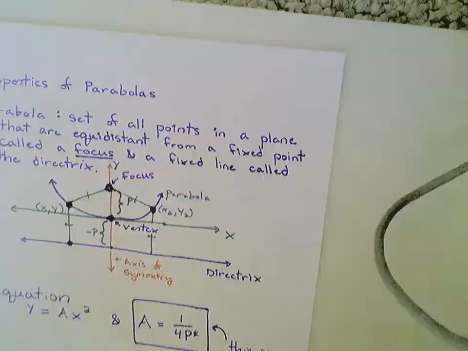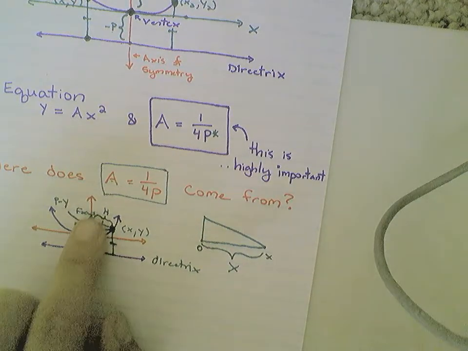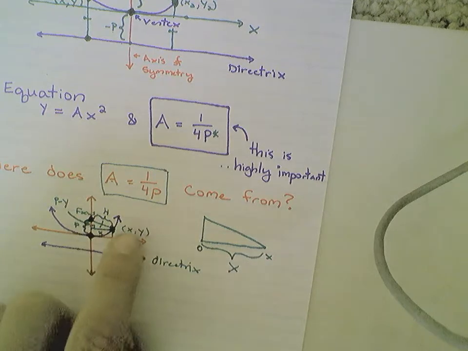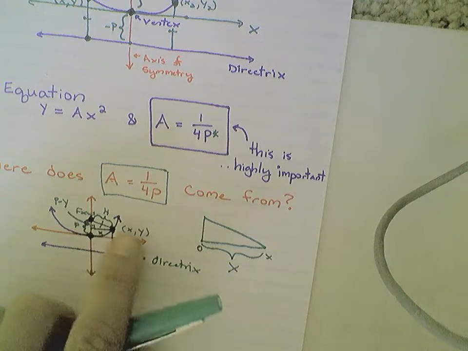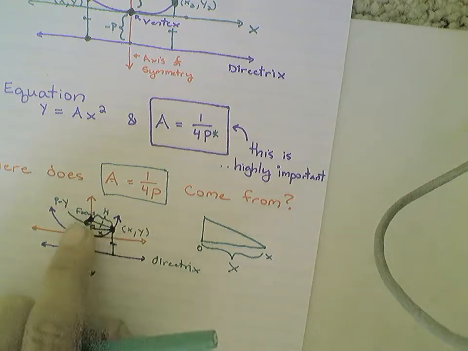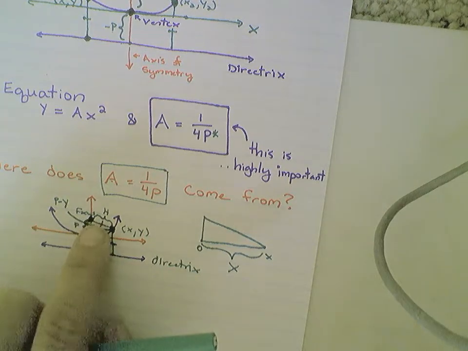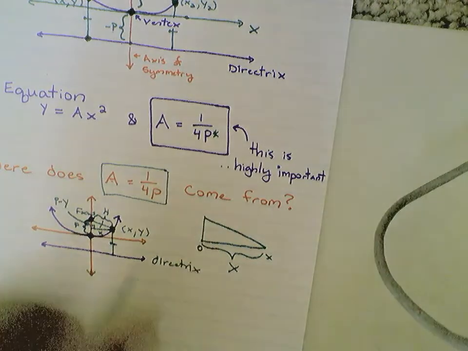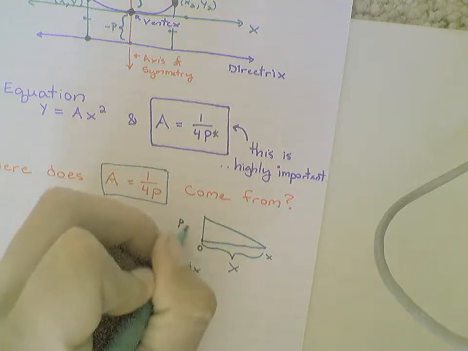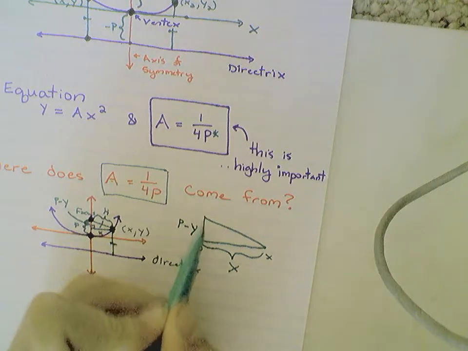Then I've gone from the vertex up to some y, so I subtract those two to figure out what's left on this small sliver on the left-hand side of the triangle. So this side is going to be p minus y.